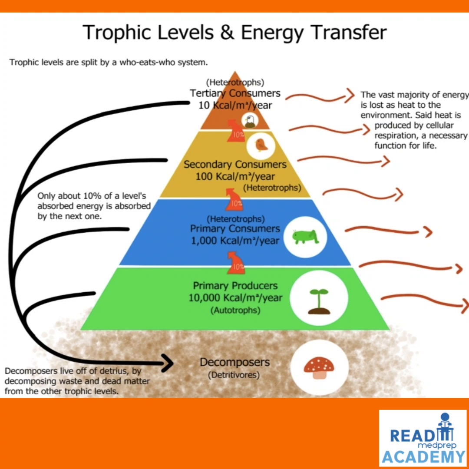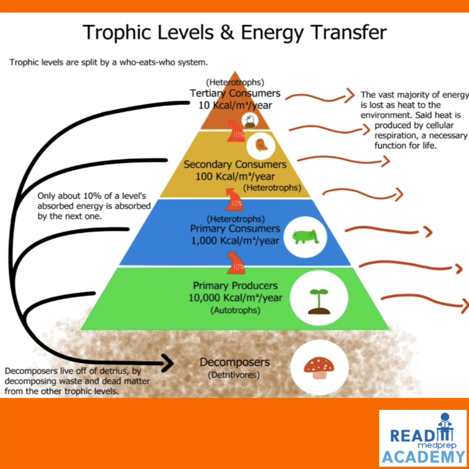They can produce 10,000 kilocalories per meter square per year. The second group, the herbivores or heterotrophs, which are the primary consumers, produce about 1000 kilocalories per meter square per year. The secondary consumers, which produce 100 kilocalories per meter square per year, are also heterotrophs. The tertiary consumers, which are also heterotrophs, produce about 10 kilocalories per meter square per year.